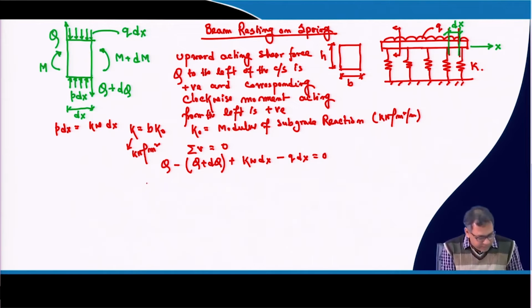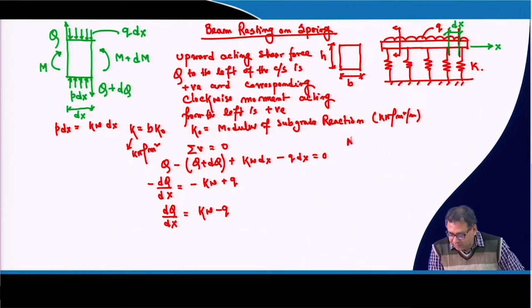If I simplify that, I will get minus dq by dx equal to minus k w plus q, and then I can write dq by dx equal to kw minus q.